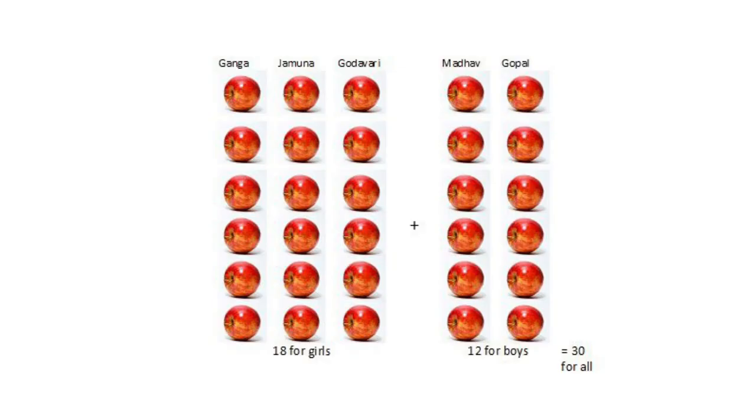Distributive rule of multiplication: multiplication obeys the rule of distribution. That is, 6 apples per child times 5 children, that is 6 into (3 girls plus 2 boys), that is 18 apples for the girls and 12 apples for the boys. Total is 30 apples. You can see this on the screen.